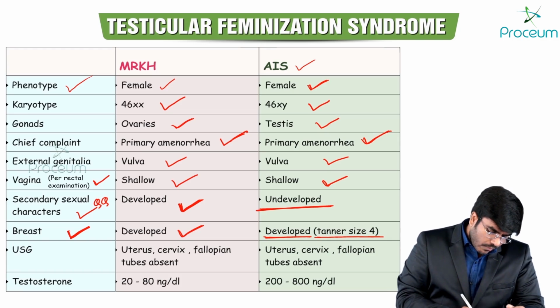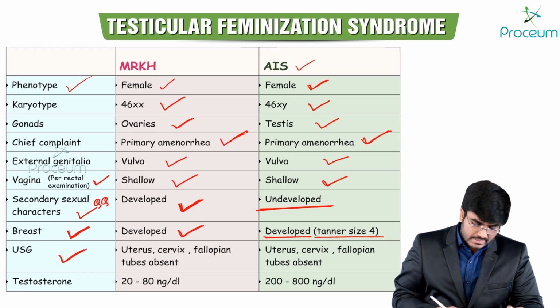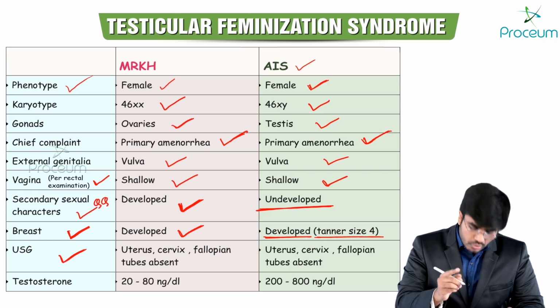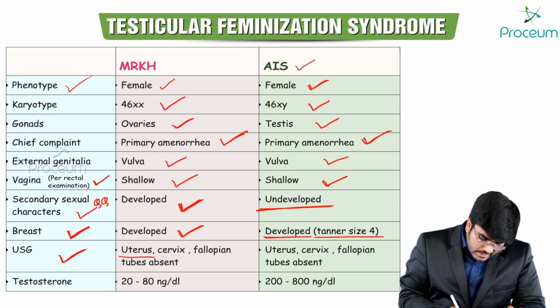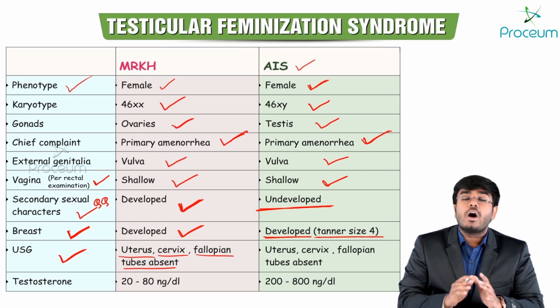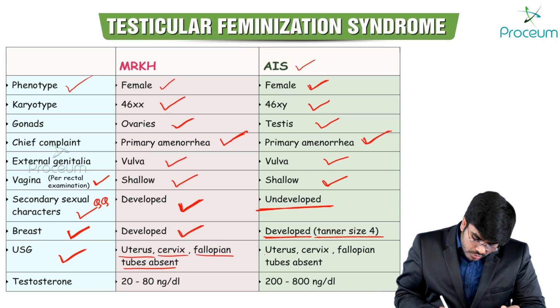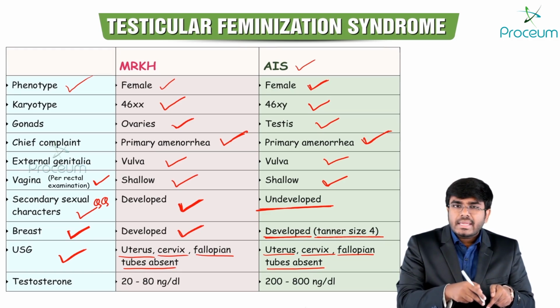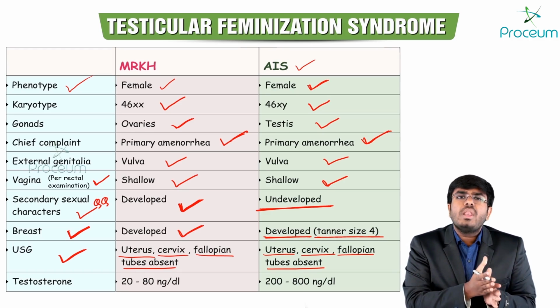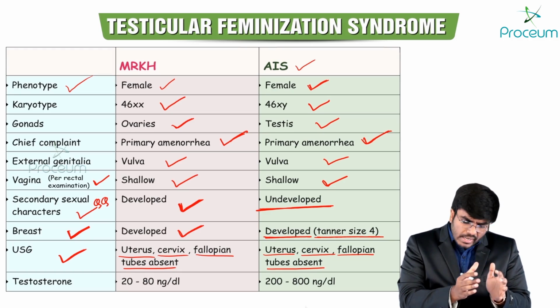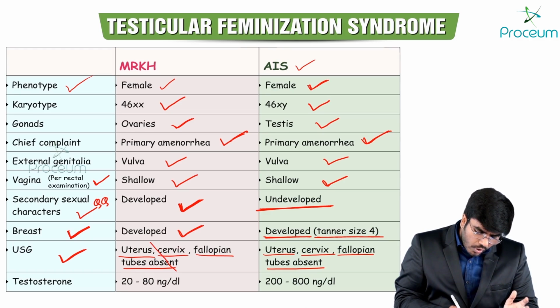Okay. Now, what about the ultrasonographic findings? If you have performed ultrasonography, the uterus, cervix, fallopian tubes all are absent. And here also uterus, cervix, fallopian tubes are absent. In MRKH, it's because of Mullerian agenesis, all the Mullerian derivatives are not formed.